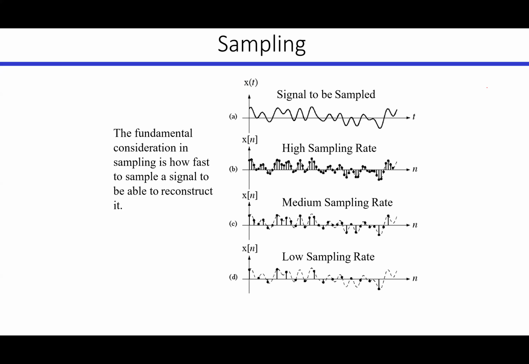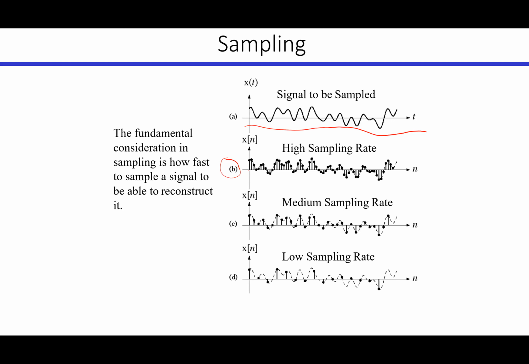So if we look at this original signal that we need to sample, in figure B you can see that I am sampling very frequently, meaning I'm taking samples or snapshots of the signal after every short amount of time. This means I have a high sampling rate, meaning the time difference between two samples is very short.